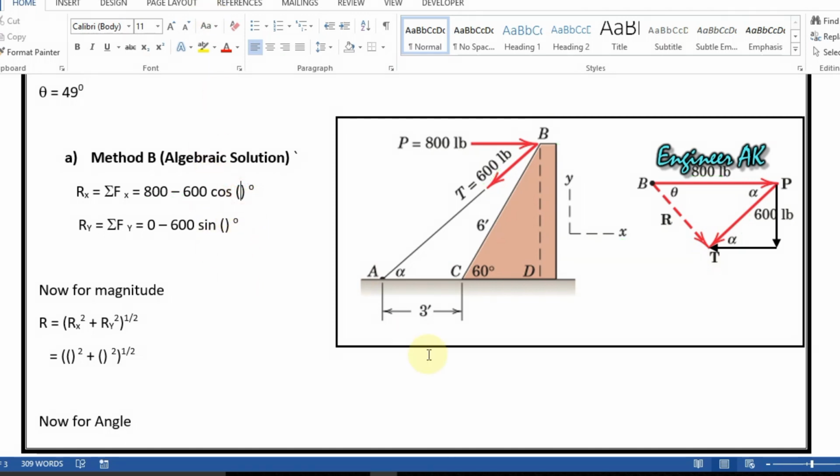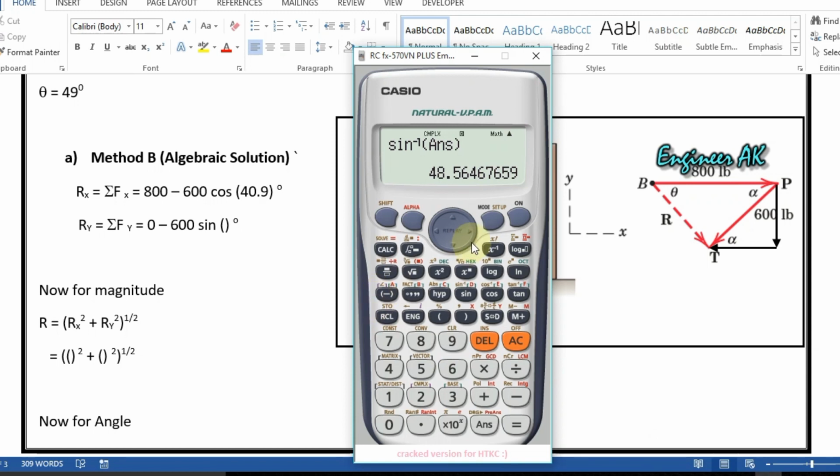Alpha was 40.9, and if I plug these values into the calculator, 800 minus 600 multiplied by cos of 40.9, and here we go.